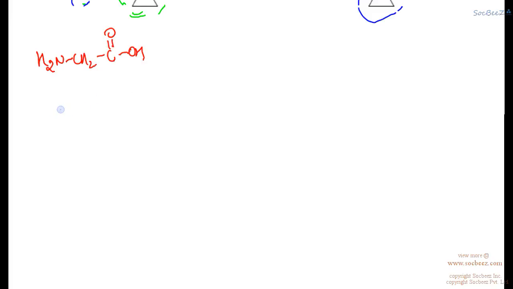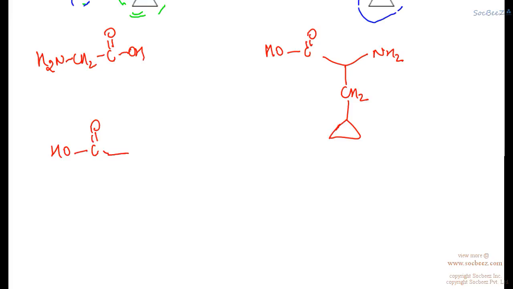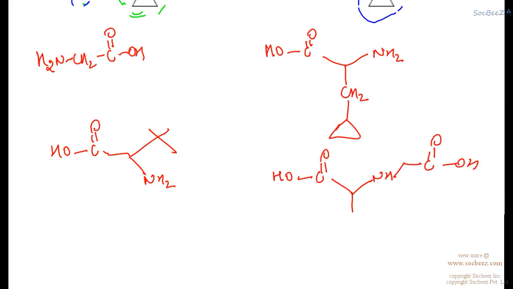H2N CH2 COOH first. Second is HOC double bond O, NH2, CH2. The third fragment is HOC double bond O, NH2, and the fourth fragment is HOC double bond O, NH, C double bond O, OH, CH2.